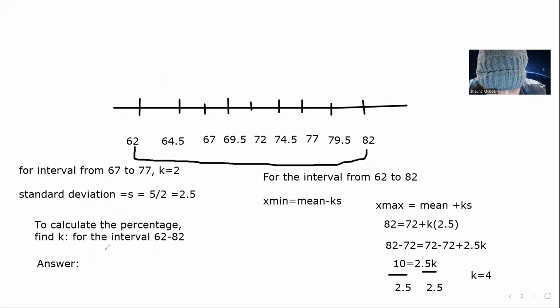P is greater than or equal to, because remember it's at least, so it could be larger, 1 minus 1 over k squared, and k is 4 this time. So this becomes 1 minus 1 over 16.